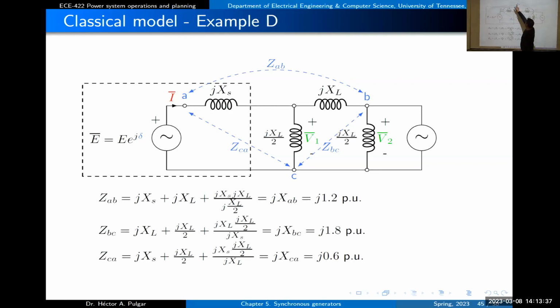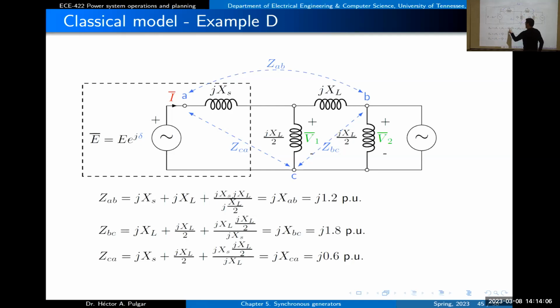So the impedance ZAB is going to be the impedance ZA plus ZB, this part of the star plus this part of the star, plus the multiplication of these two divided by the impedance ZC. And that's the equation right there.